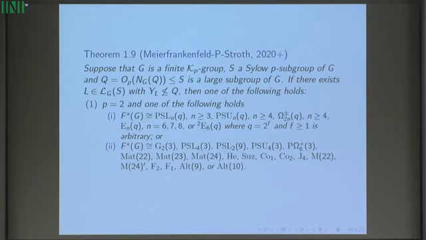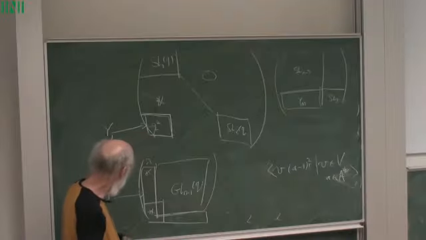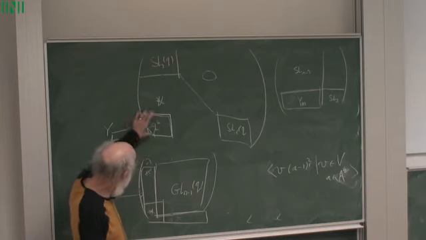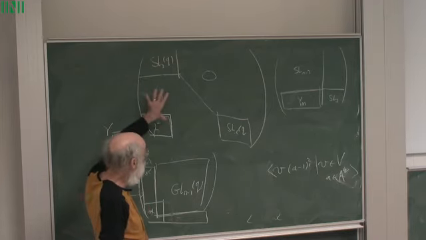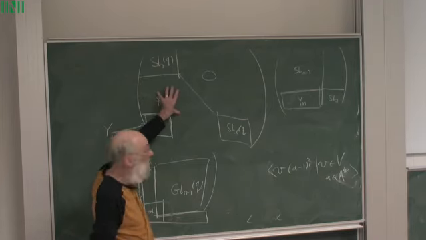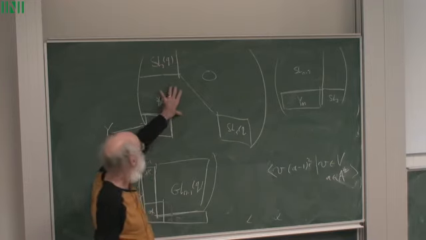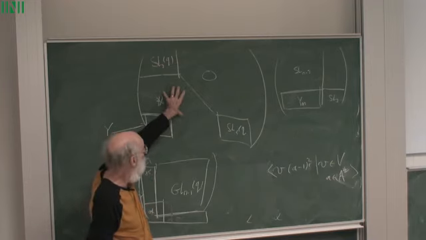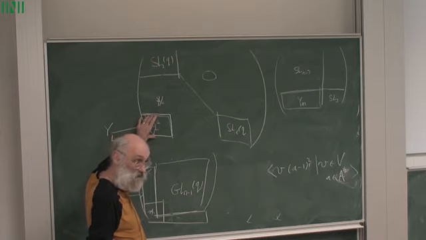Let's take this as an example. So here is my subgroup L outside. Here's the YL. It's Q to the 4.